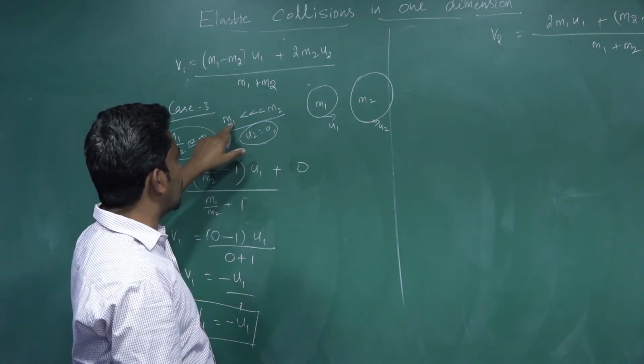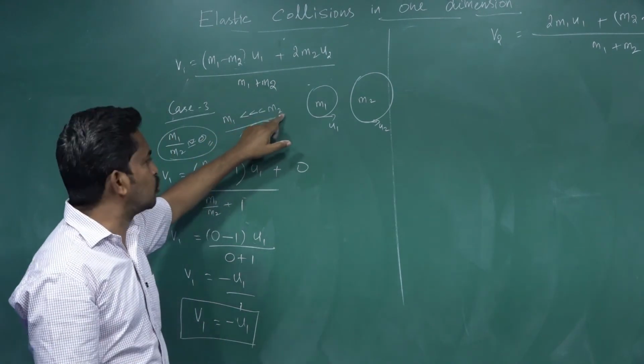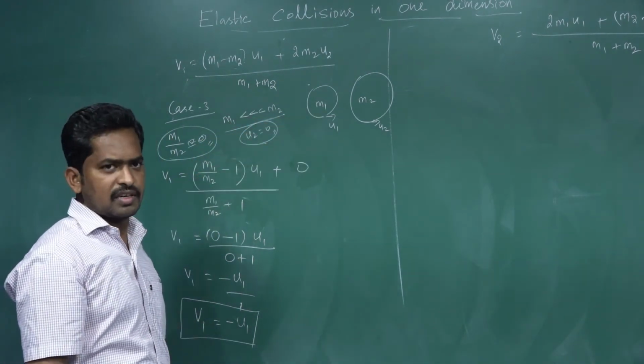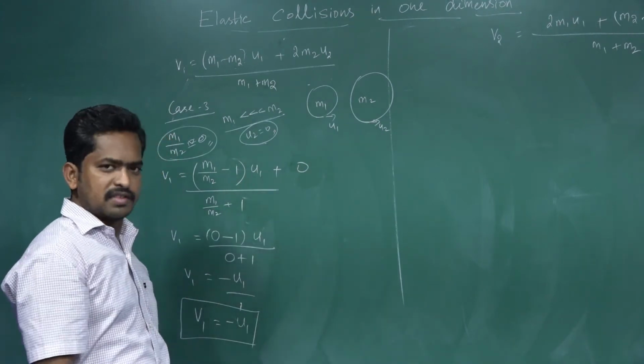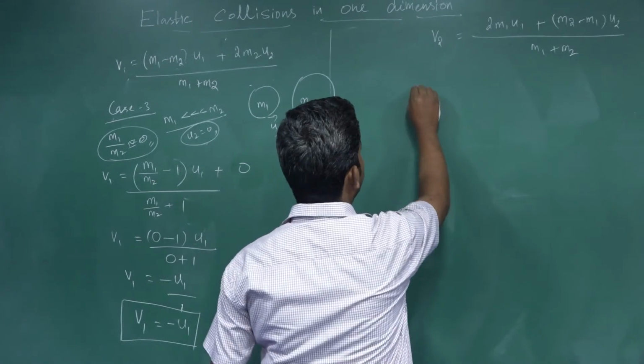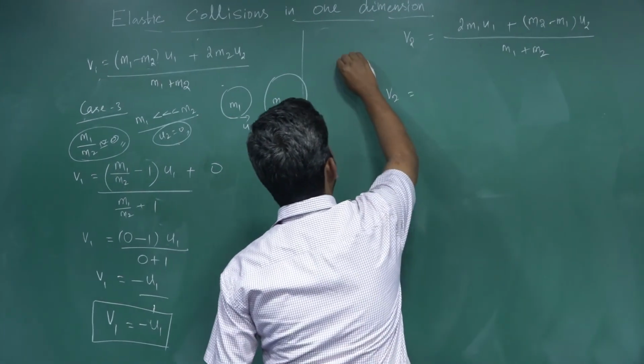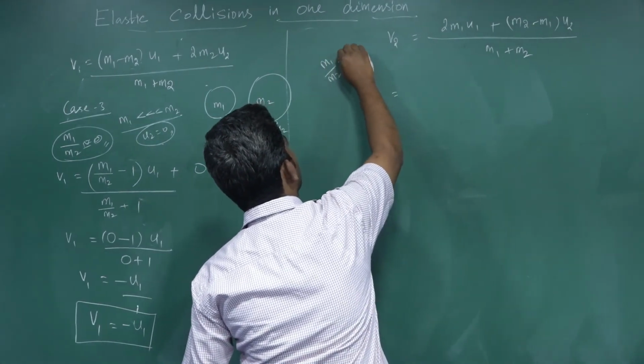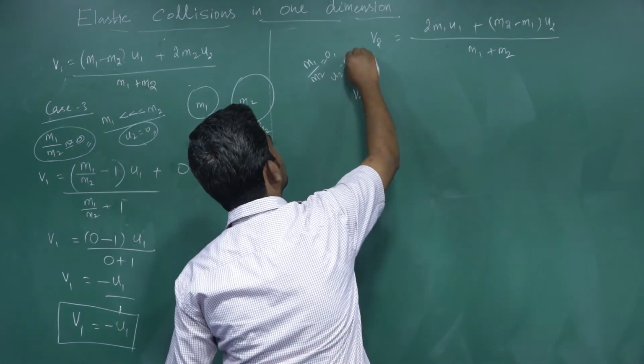The condition is M1 is very, very much less than M2, and U2 is also 0. Next, what happens to V2? Under the same condition, M1 by M2 is equal to 0 and U2 is also 0.